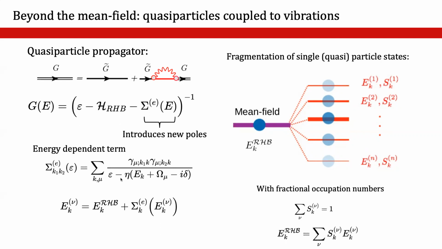the quasi-particle vertex will loop over all intermediate states in our calculation, and since the self-energy sigma of E is dependent on the energy, the resulting single-particle quasi-particle levels are fragmented, and this is observed in the experiment, and each fragment has a certain spectroscopic factor.